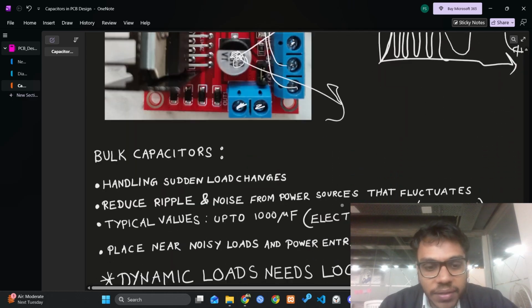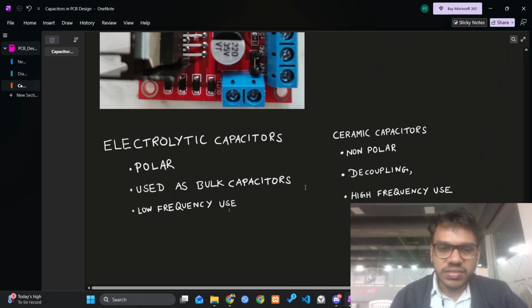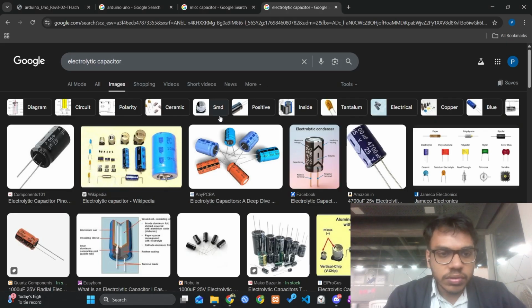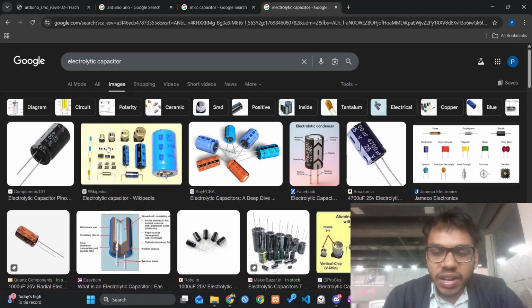Let's quickly see what all this electrolytic capacitor and ceramic capacitors are. Let me show you a picture of electrolytic capacitors. You can see these kinds of capacitors are called electrolytic capacitors. They are mainly made up of some aluminum oxide. They will have a shorter leg as well as a longer leg, as you can see in this picture.